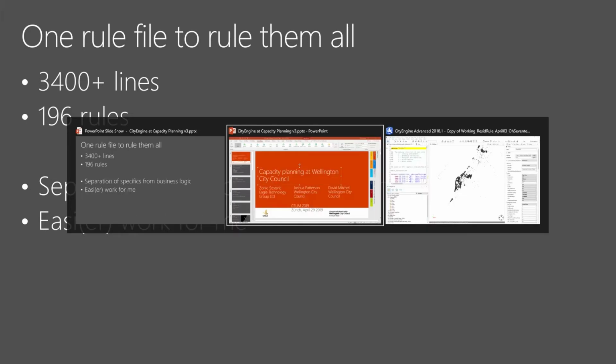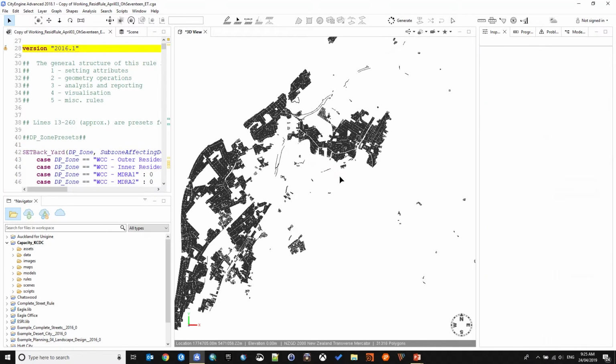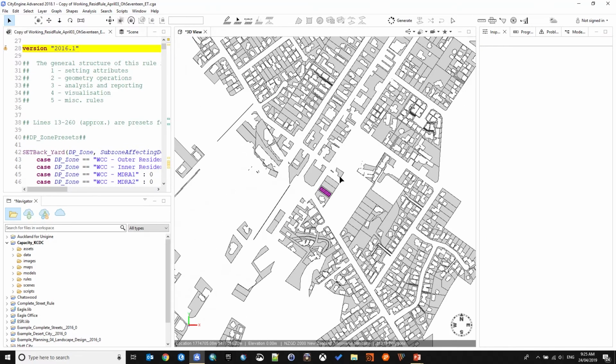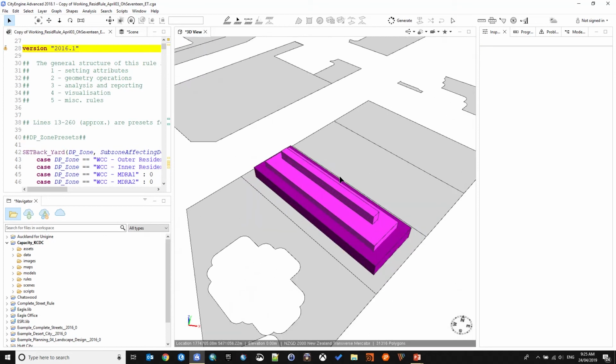So if I show you briefly what this is, this is the data for Kapiti Coast in here, and you will see some of the different examples of this.